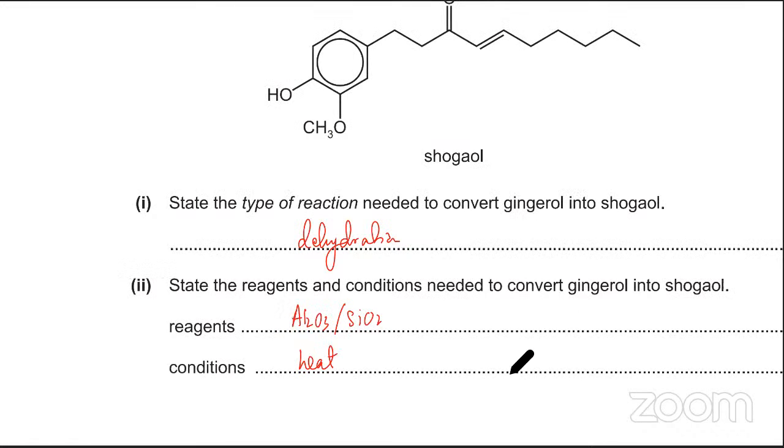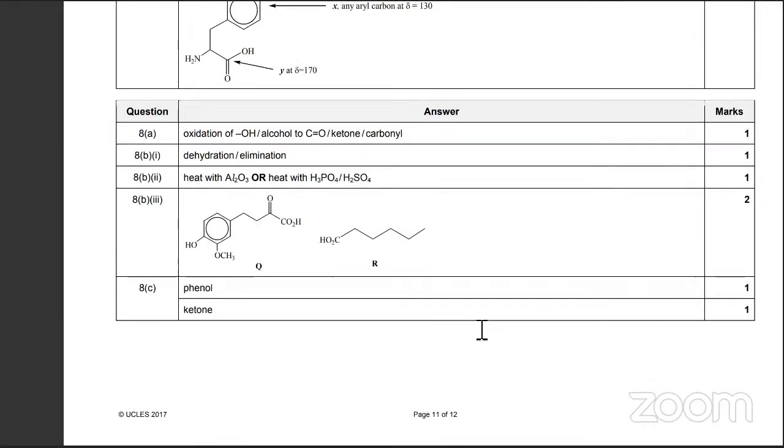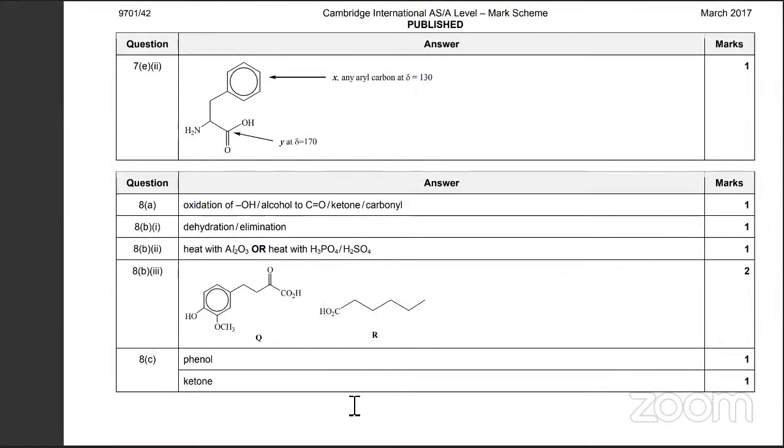So it's Al2O3, SiO2 plus heat. The temperature should be greater than 450, but I'm just double checking whether they're using that particular temperature. So it's just heat with Al2O3. That's about it. Dehydration, elimination.